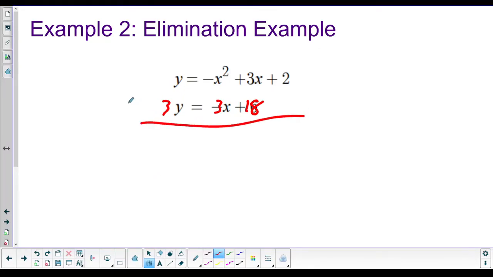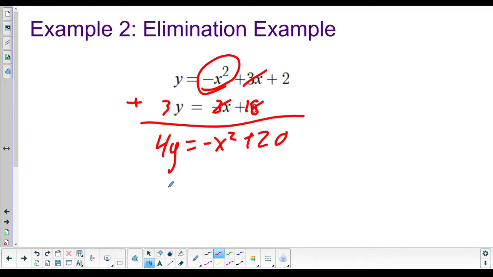Okay. Now we add. So this would be 4y equals, this doesn't have an x squared, so we bring it down. Negative x squared. Those cancel. That's 20. This doesn't work. You can see, because I don't have an x squared here, this thing will never cancel out. So that's not an option.